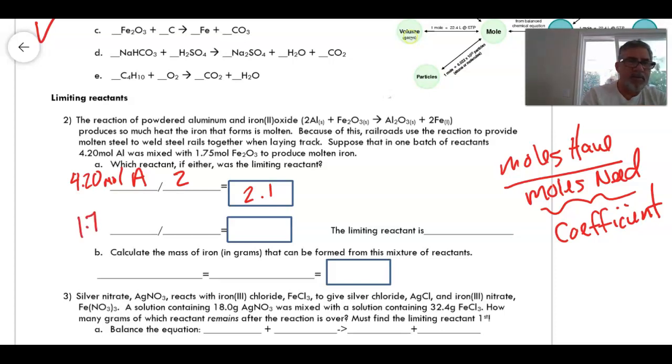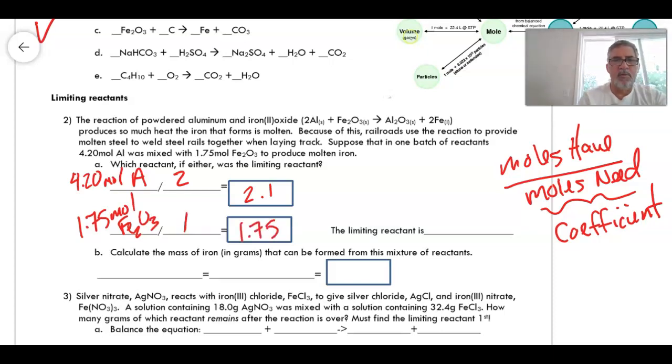We have 1.75 moles iron 3 oxide, and we only need 1 mole, so 1.75. So this right here is my limiting, because it's a smaller ratio number.